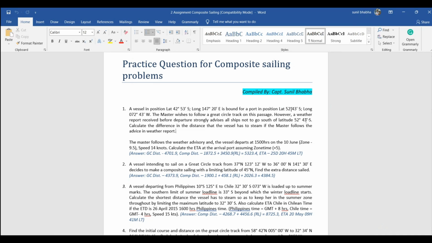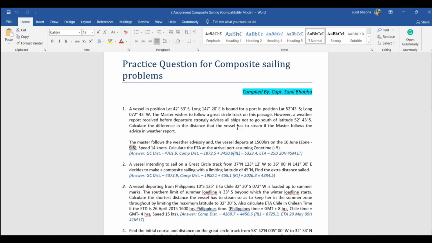Now longitude east, GMT least. So that means this 9.5 hours difference from the GMT is lesser. So you subtract this difference from the local time to get the GMT of departure.